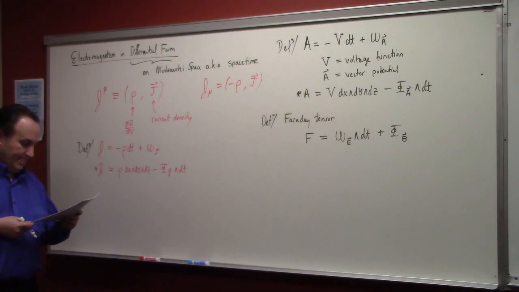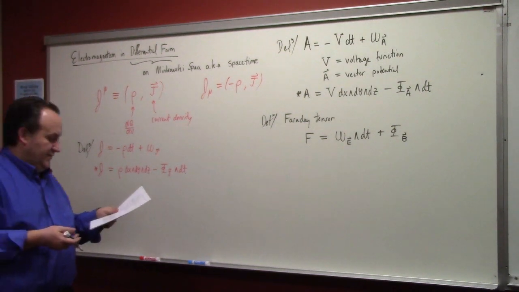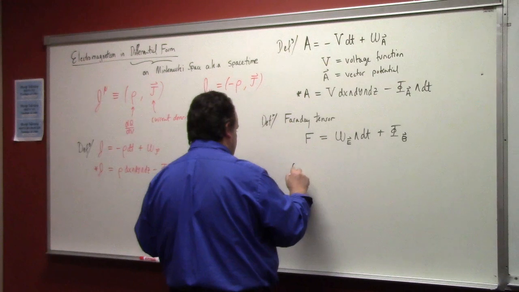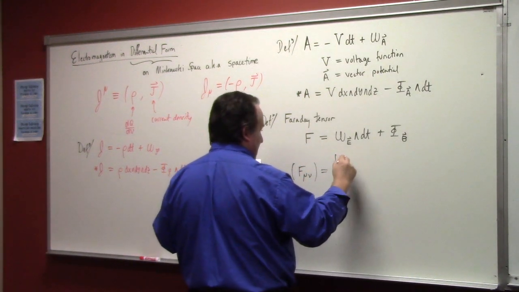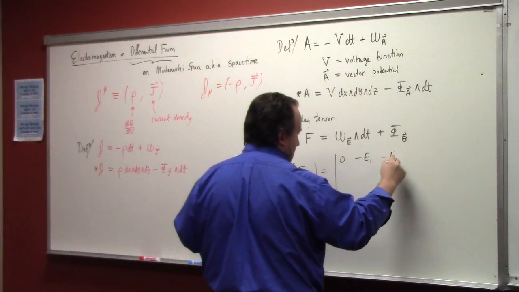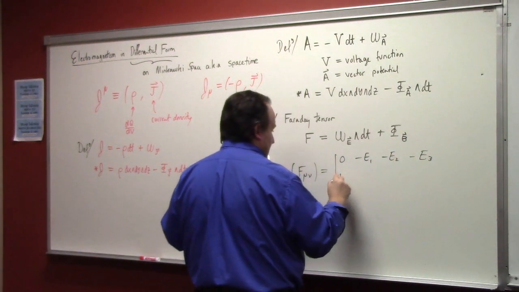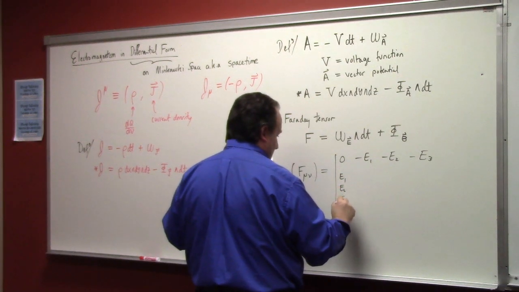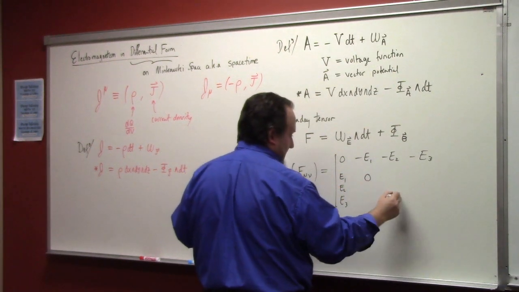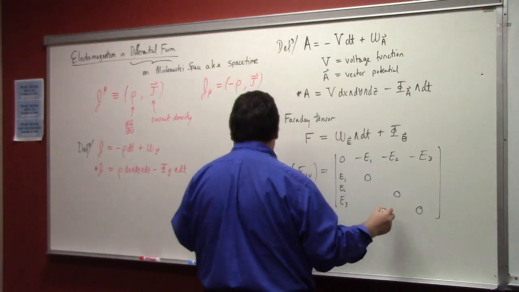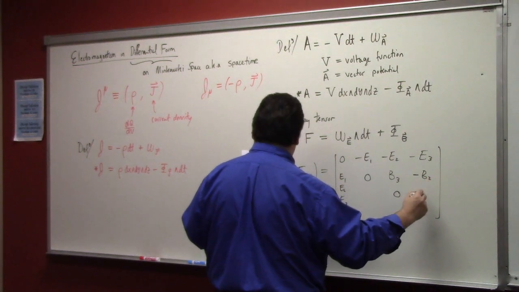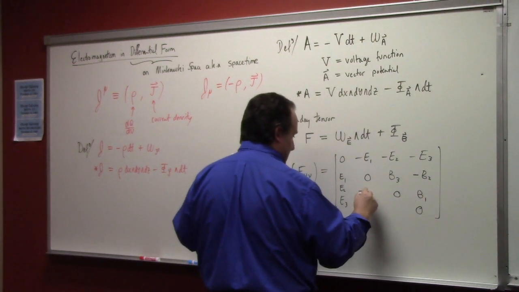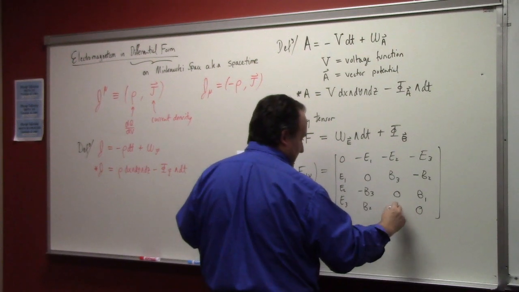They're generally functions of space and time. If you look at this in terms of components, it looks like this. It's an antisymmetric tensor. It's got minus E1, minus E2, minus E3 up here, and these components over here. It's zero down the diagonal because it's antisymmetric. And you've got B3 here, and minus B2 there, and this is your B1. It's antisymmetric. So there you go.